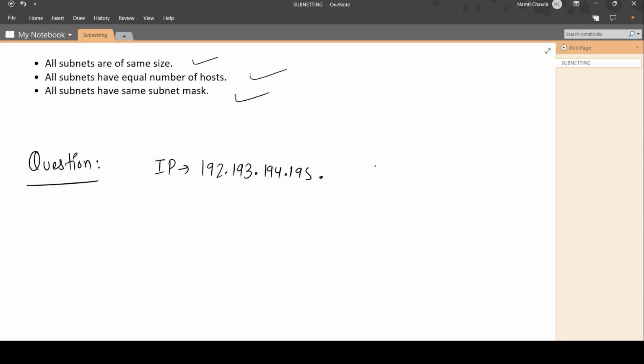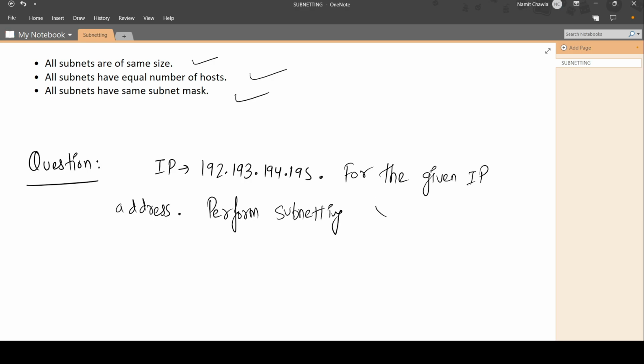Now the question is: for the given IP address, perform subnetting and divide it into two subnets.